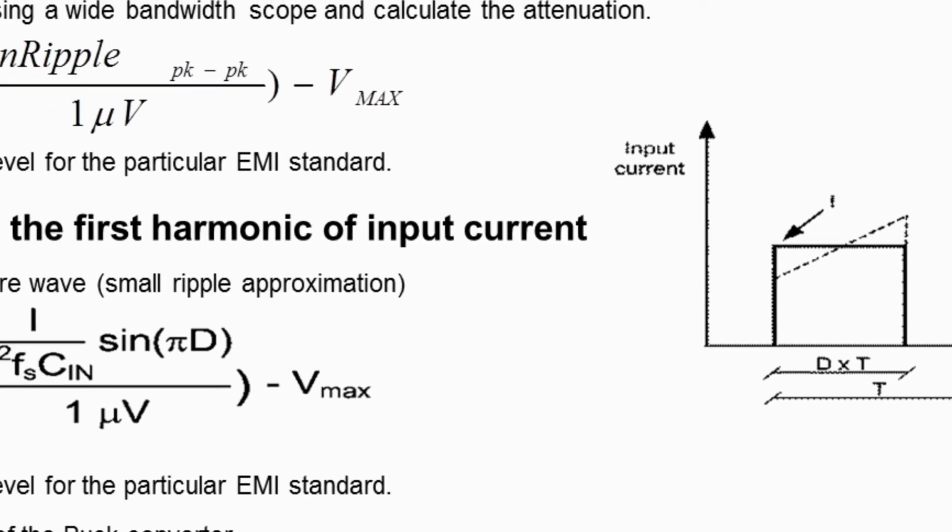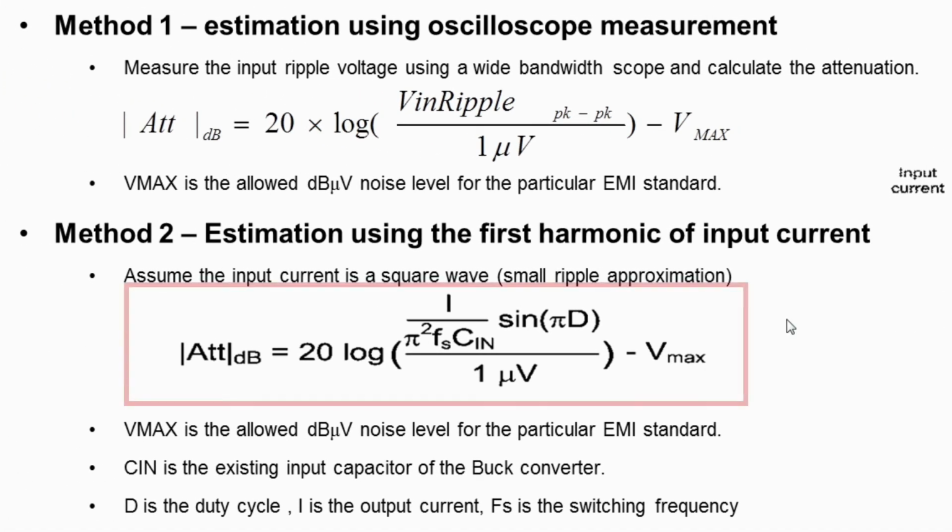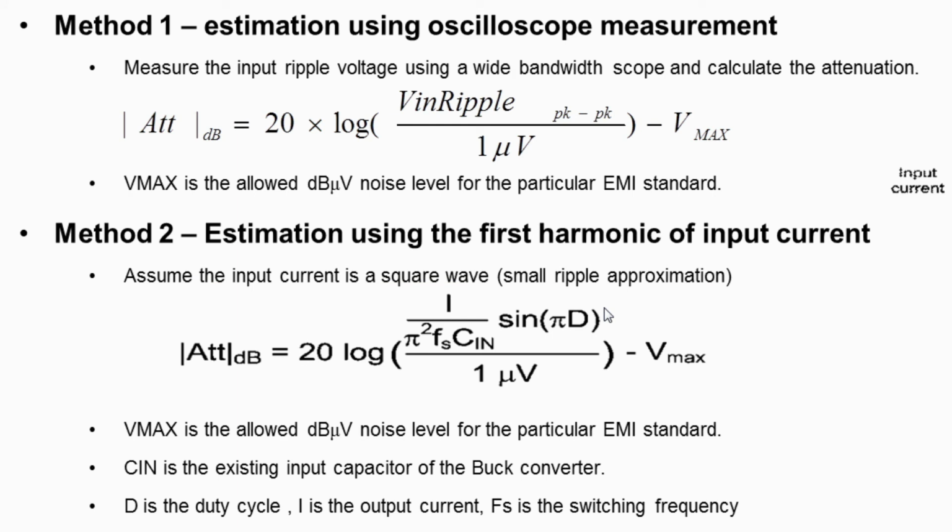So to design your filter, you would basically take your Fourier transform, and then you're going to convert it into logarithmic form. So you have 20 log and microvolts. So then that converts your Fourier transform into dB microvolts, which is what the limit lines are in.